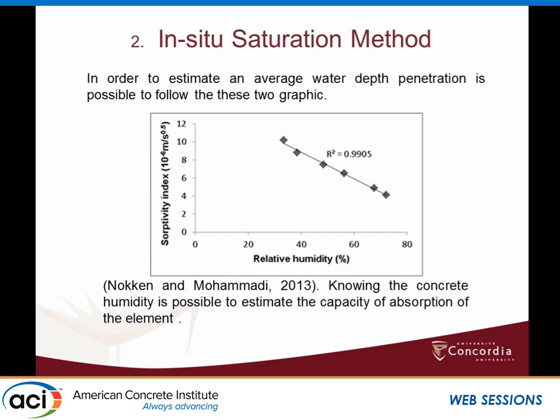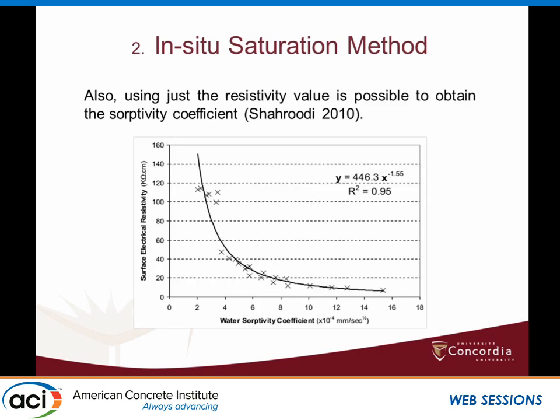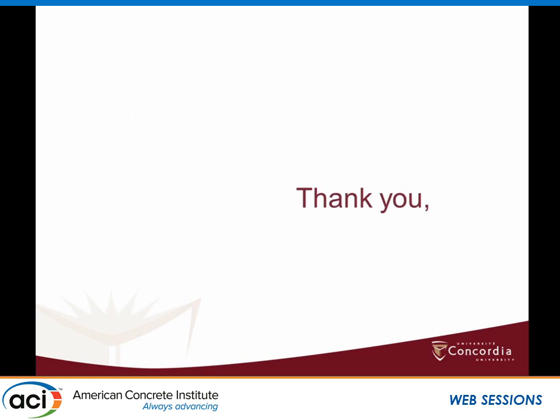And with these tables developed by one of my colleagues at Concordia, Montreal, we can know how deep the water is going in the concrete. We really believe that using these two approaches, we are going to be closer to the field, because that's the main goal of resistivity.